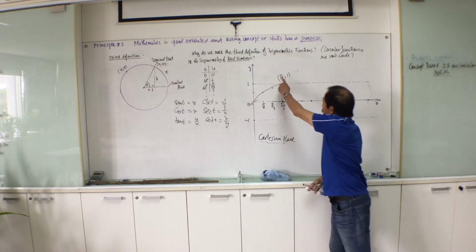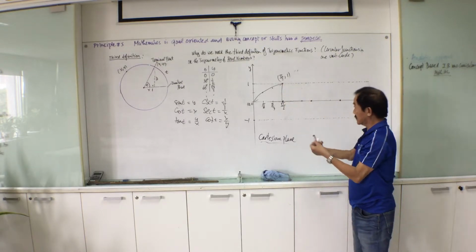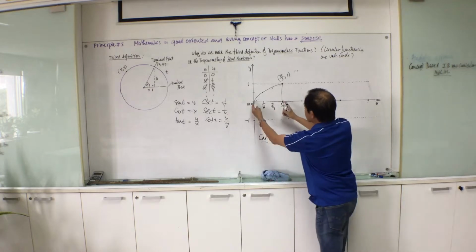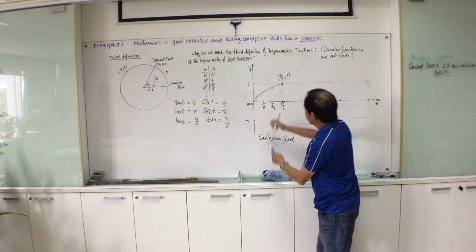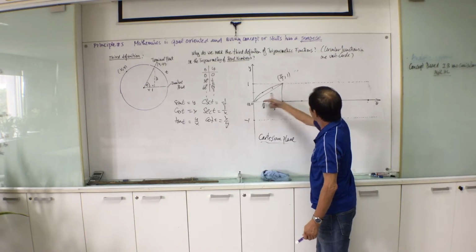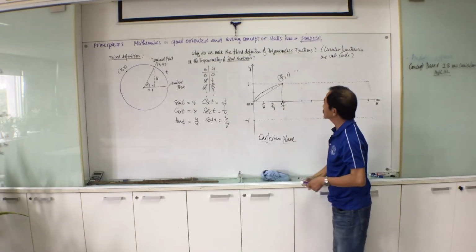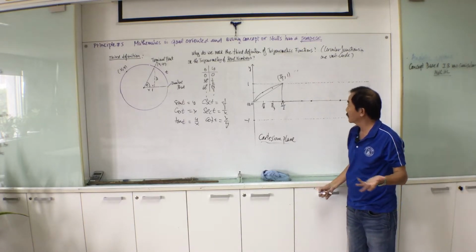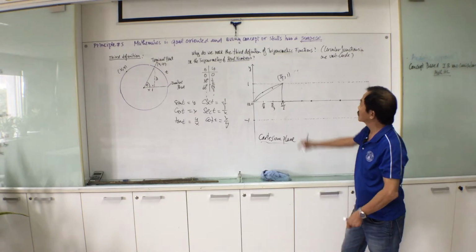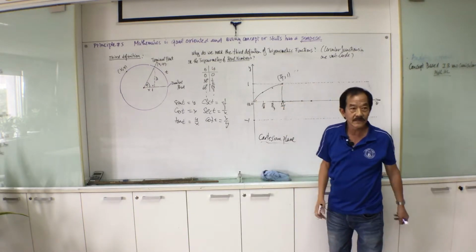Both are real numbers, and the values are equivalent. So if you want to find the slope, it equals 1 over pi over 2, which is 2 over pi, about 0.6 or so, right? So this one is good, but still not good.